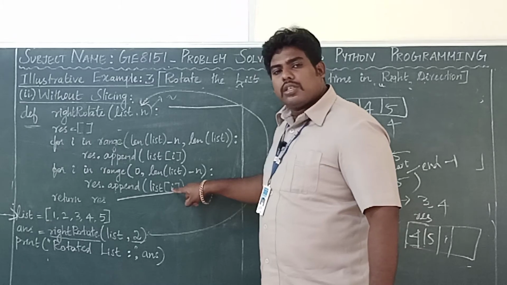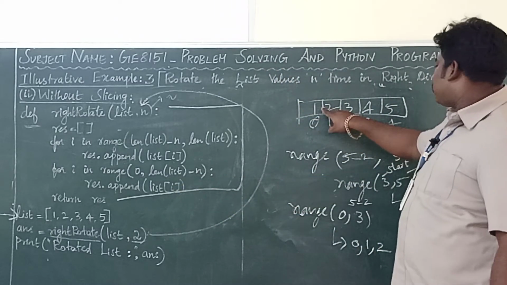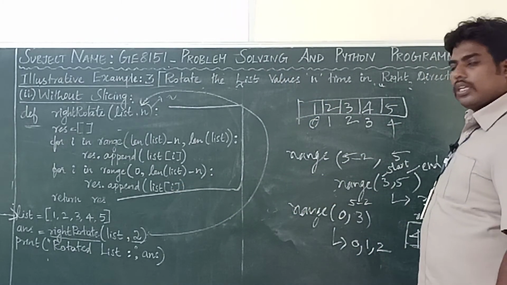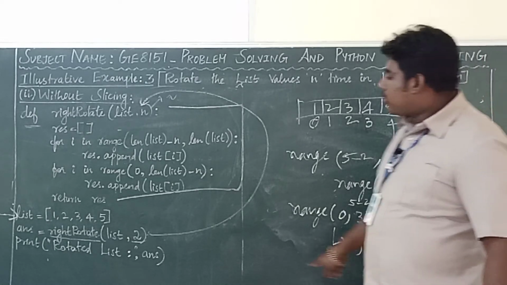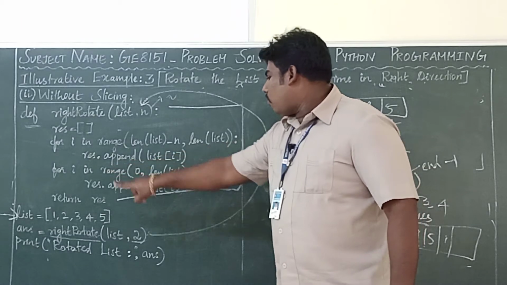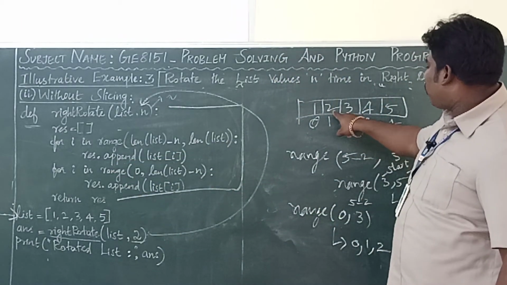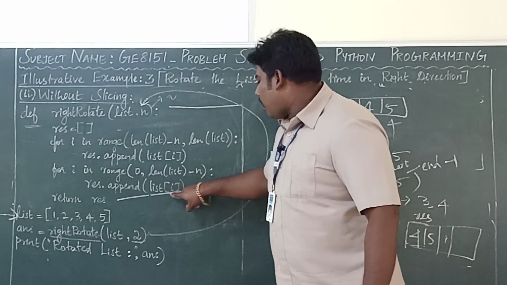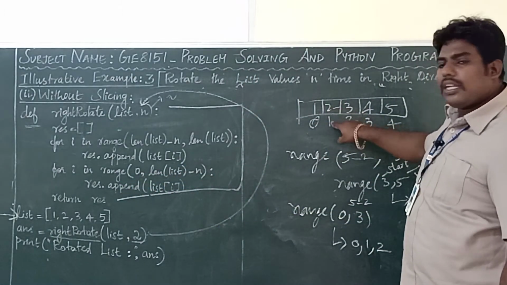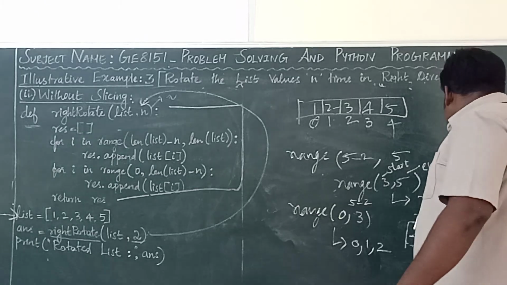Now the i value is 0, and the 0th position has 1. So I added 1. In the second iteration, the i value takes 1. In the first position, what value is there? 2. So result dot append of 2. The first position 2 is there, right? So it is 2.